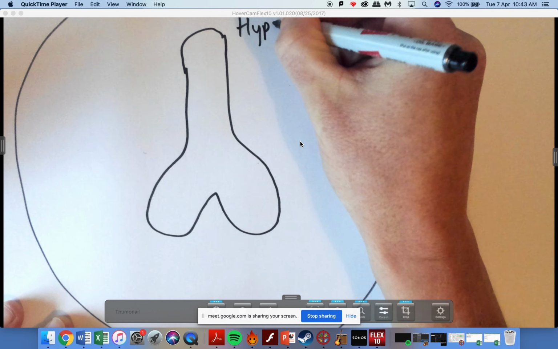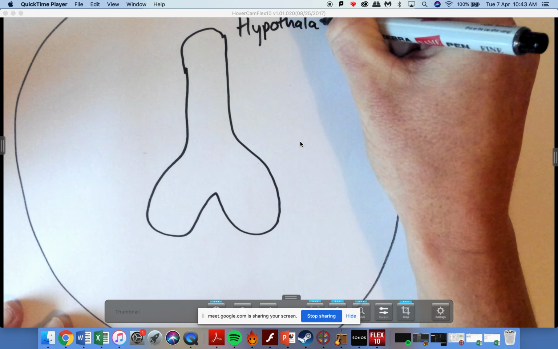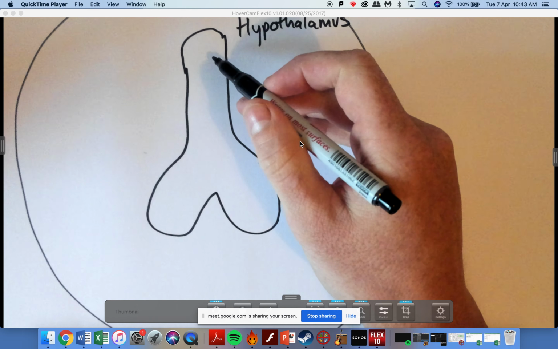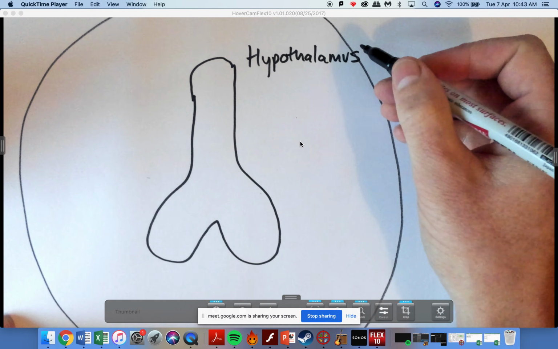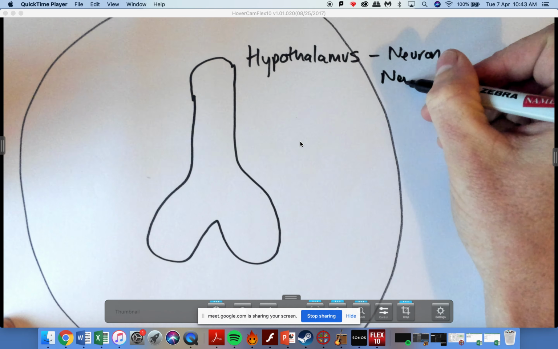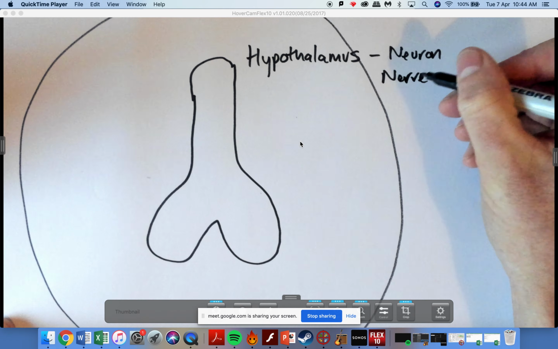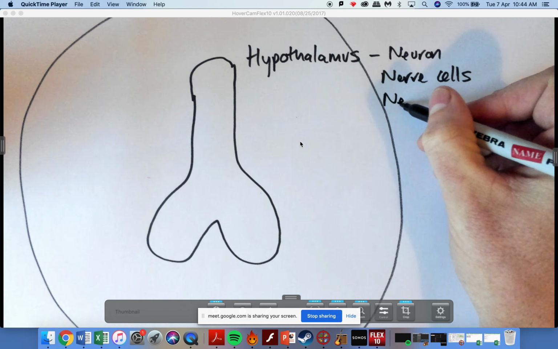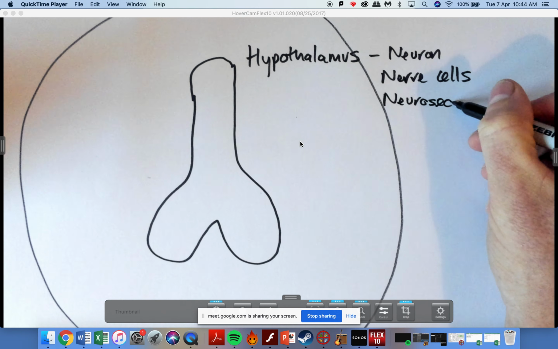The hypothalamus is kind of a special region of the brain because it's made of neurons, nerve cells, like most of the brain is. But these nerve cells are neurosecretory.